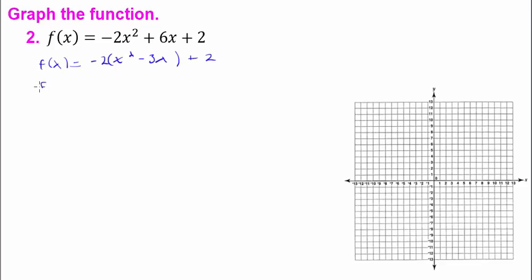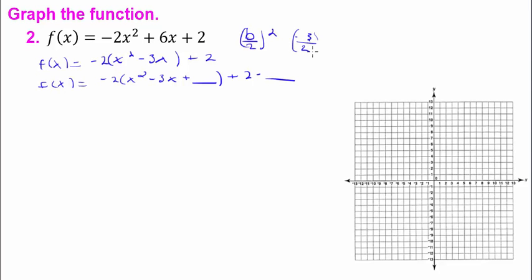I then want to create those blanks. Remember, it's plus 2, then minus a blank. All right, and remember the same thing applies. We want to do the b over 2 quantity squared. Well, negative 3 is my b, so this will be negative 3 over 2 quantity squared, which happens to be positive 9 over 4.